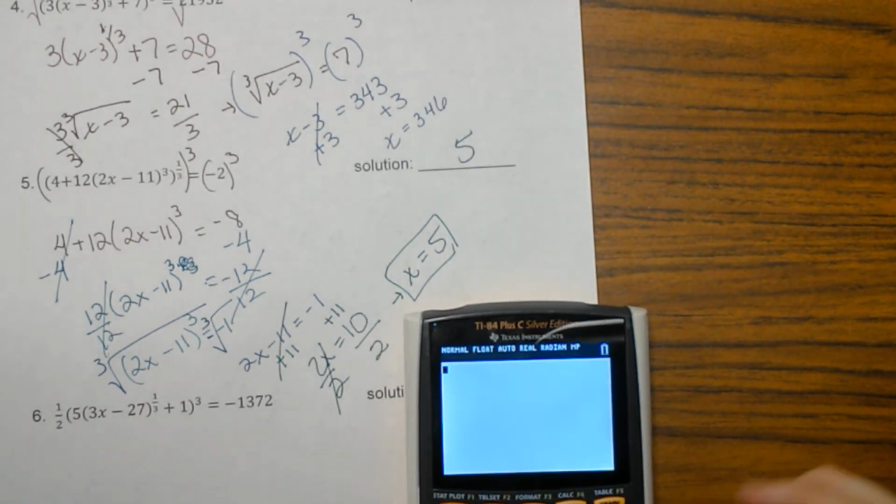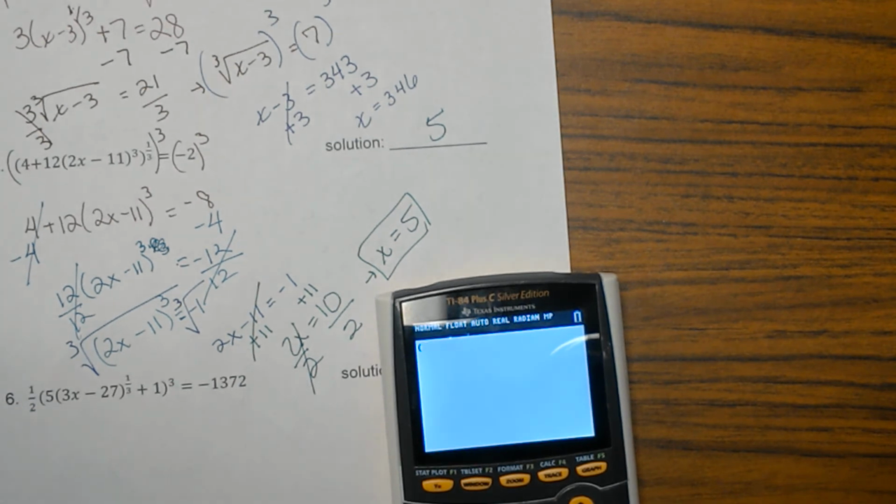So this one I'm going to check. I need to make sure that my parentheses are in the right places. 4 plus 12, 2 times 5 minus 11 cubed raised to the 1/3.